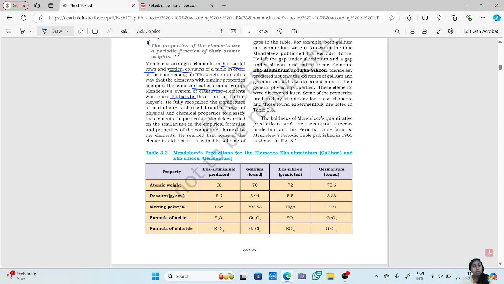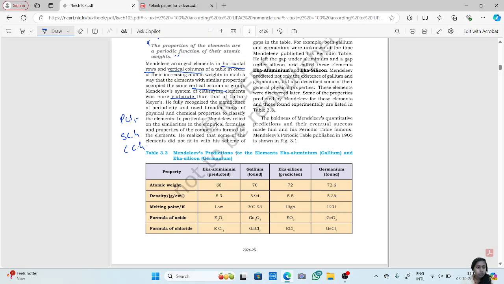In particular, Mendeleev relied on the similarities in the empirical formulas and properties of the compounds formed by the elements. Empirical formulas means the formulas of the compounds which these elements form. If it is PCl5, or if it forms SCl5, CCl5, these are the empirical formulas.